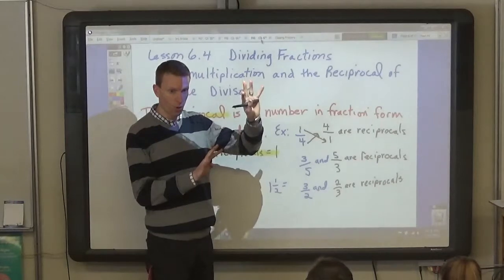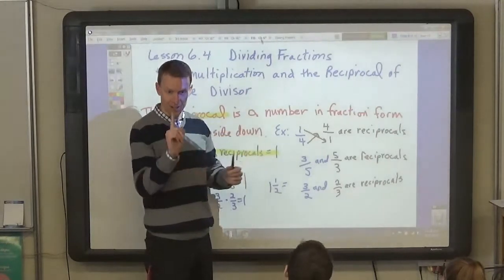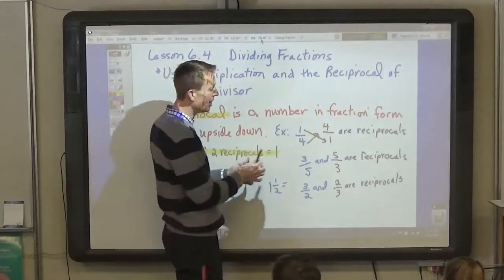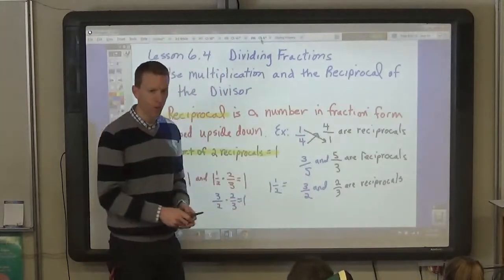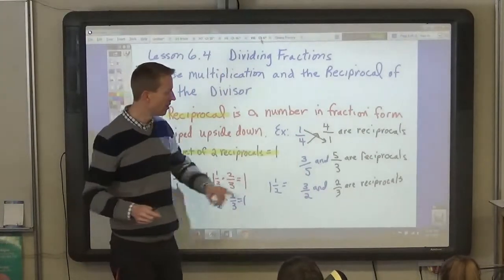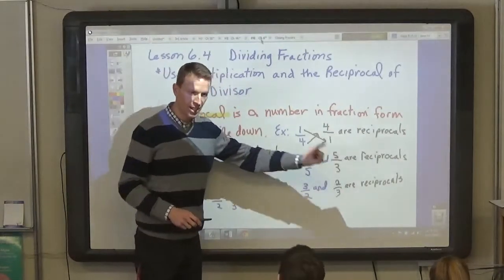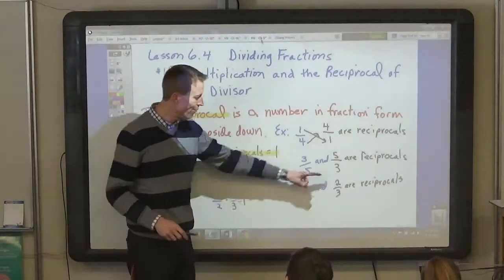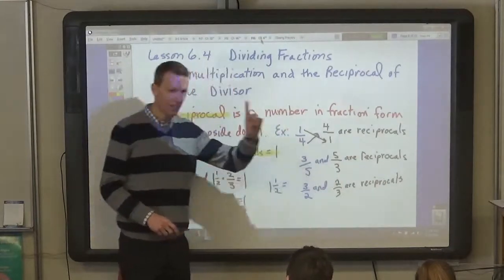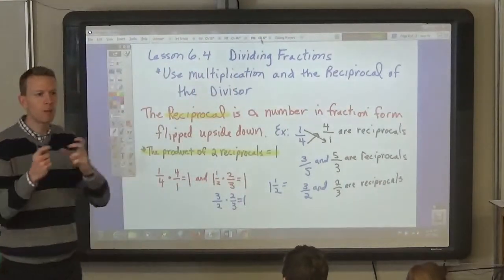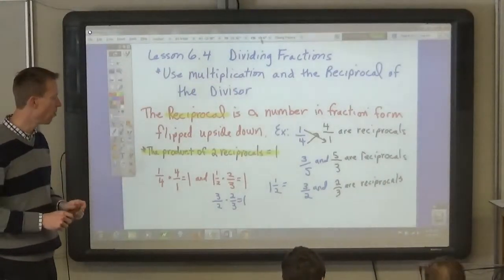So 4 over 4. That equals 1, doesn't it? Or if we reduce this and cancel out the 4's, we would have 1. If we reduce this one, we would get 1. So reciprocals, when you multiply them, equal 1.